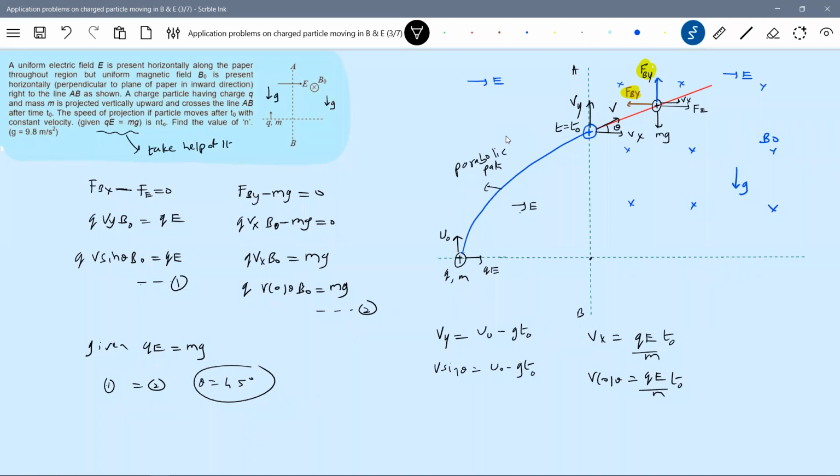Theta equal to 45 degrees. If theta were 30 degrees, we could have done that, but theta is 45 degrees. So therefore, equating these two, g T naught equal to QE by m T naught. QE by m will become equal to g.